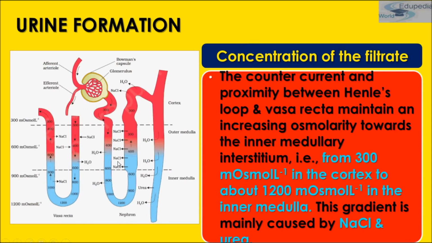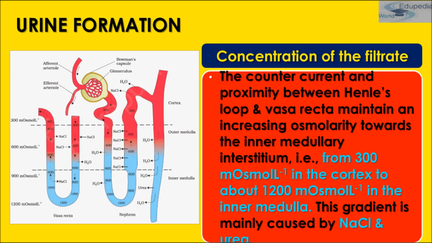The counter current and the proximity between Henle's loop and vasa recta maintain an increasing osmolarity towards the inner medullary interstitium, from 300 mOsmol per liter in the cortex to about 1200 in the inner medulla, and this gradient is mainly caused by NaCl and urea.